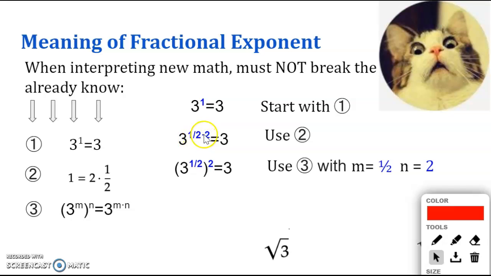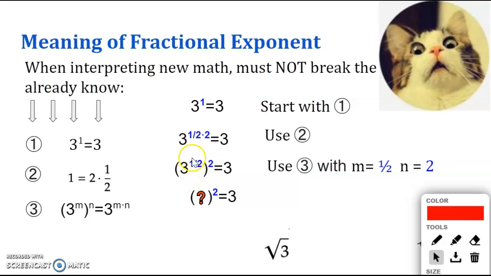Then we break this up using the third thing that we know, as 3 to the half, all raised to the power of 2, because we're just using this power rule, where m is half and n is 2 here.